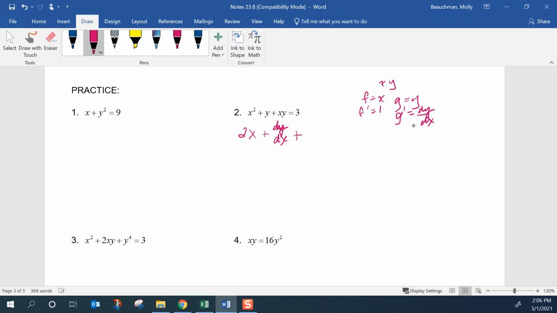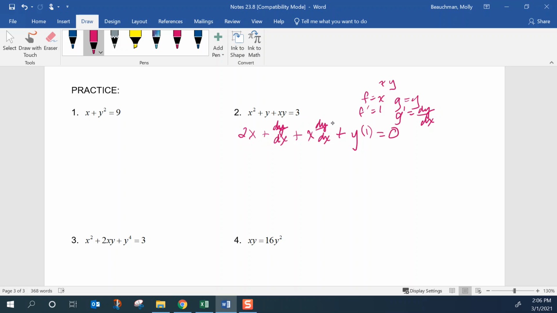When you use the product rule, you take the first, x, times the derivative of the second, dy/dx, plus the second, y, times the derivative of x, which is 1. So there's the derivative of each of my terms is equal to the derivative of 3, which is 0.